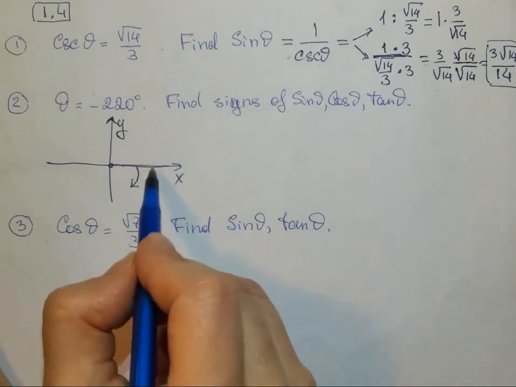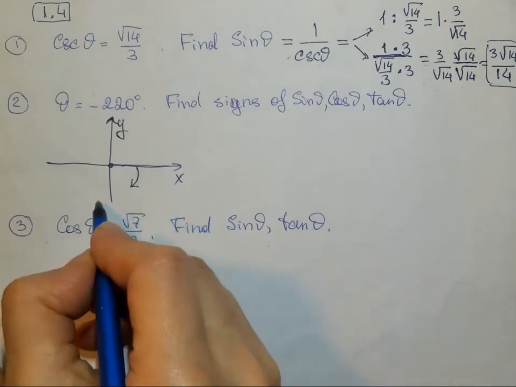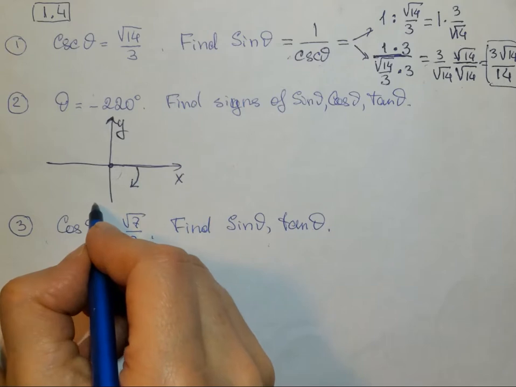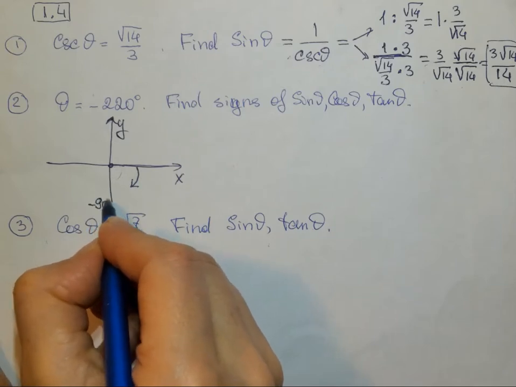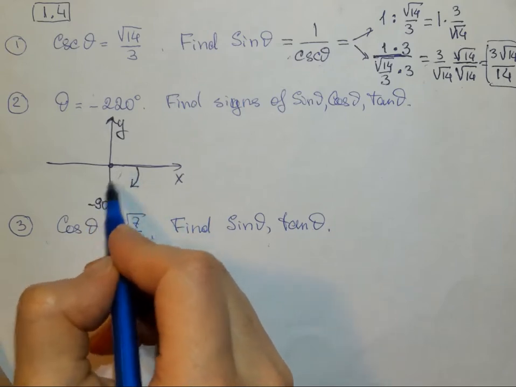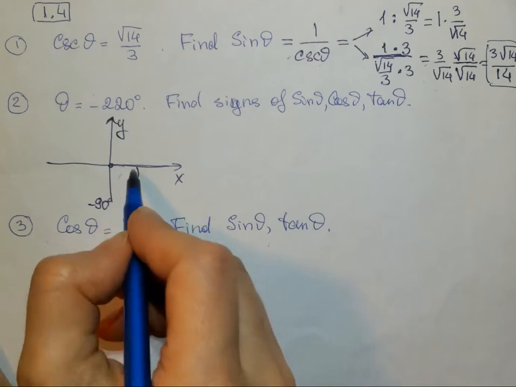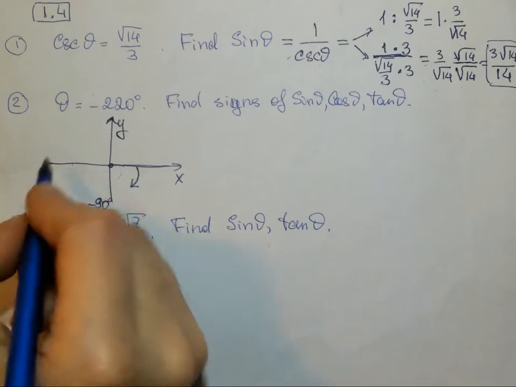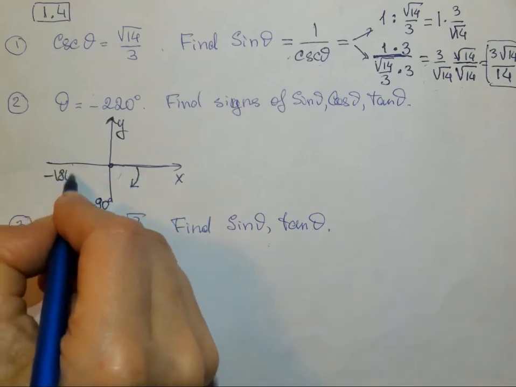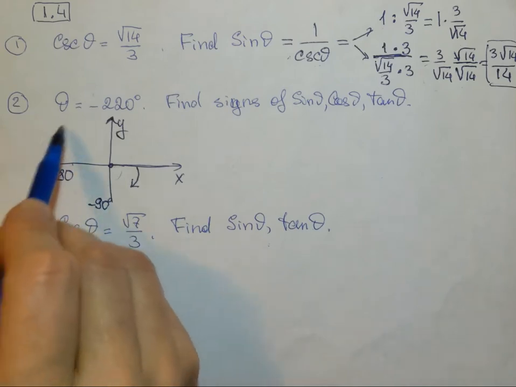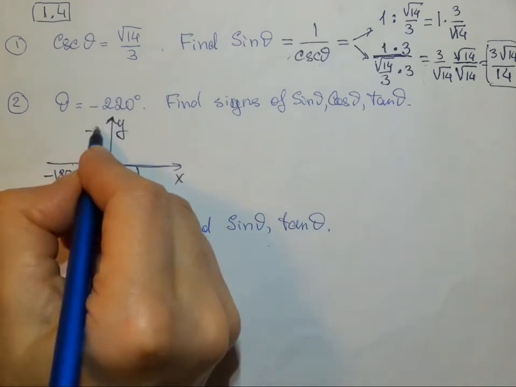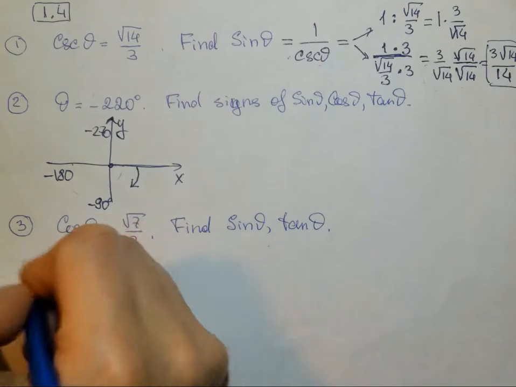In a clockwise direction, the first quadrantal angle will be negative 90. You know, every quadrant is 90 degrees. So another 90 will be negative 180. Another 90 will be negative 270.